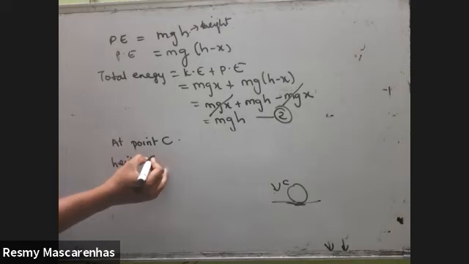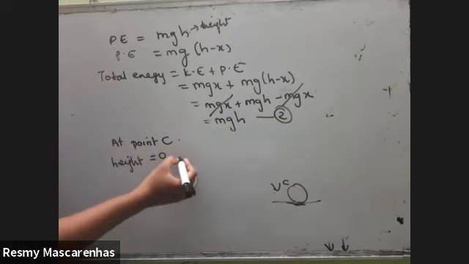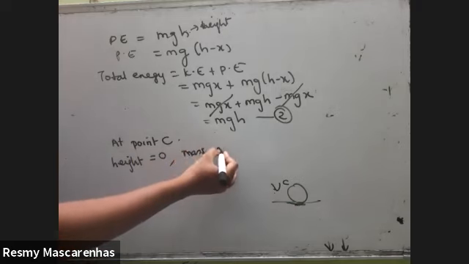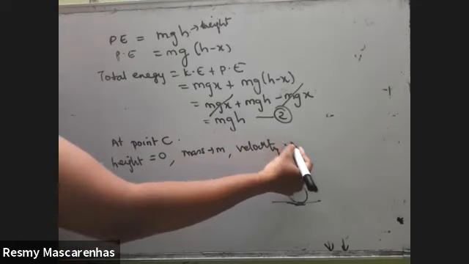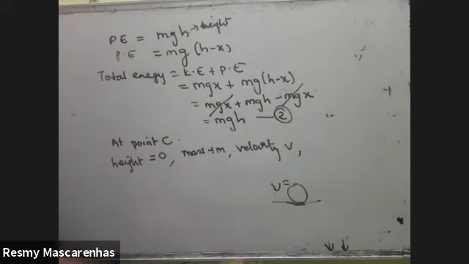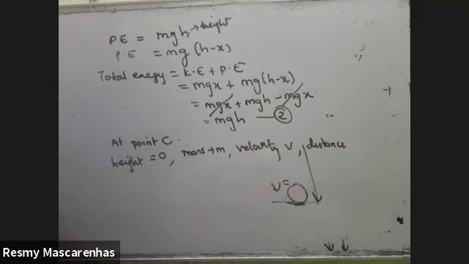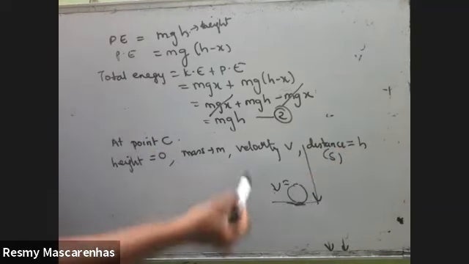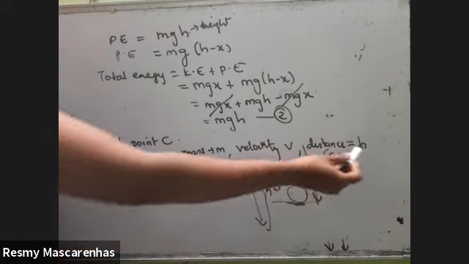Height is 0 because it has almost reached the ground. Mass is anyway m, velocity is v. The distance covered from the start to here is h now.